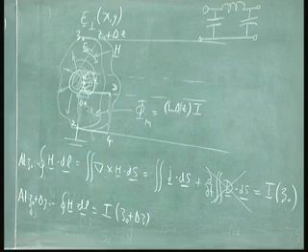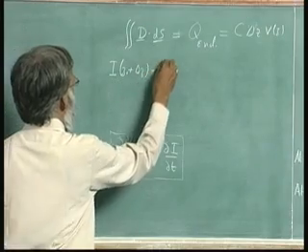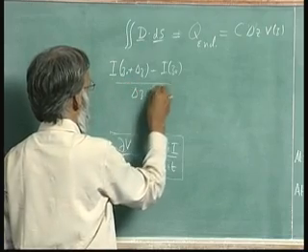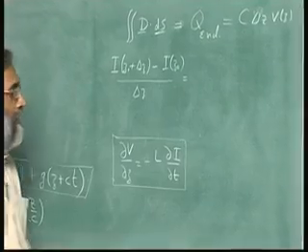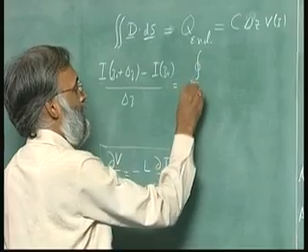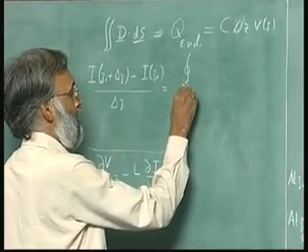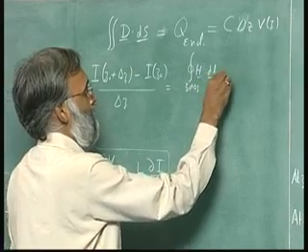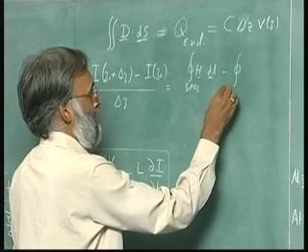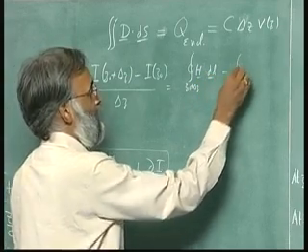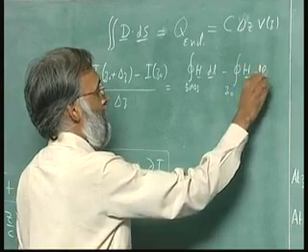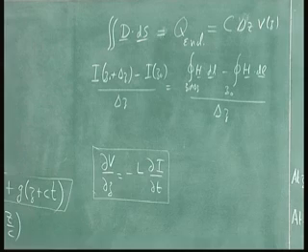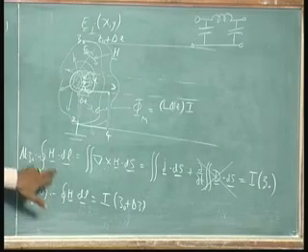I of z naught plus delta z minus I of z naught divided by delta z is equal to loop integral at z naught plus delta z of h dot dl minus loop integral at z naught of h dot dl divided by delta z. That is just from these two derivations.